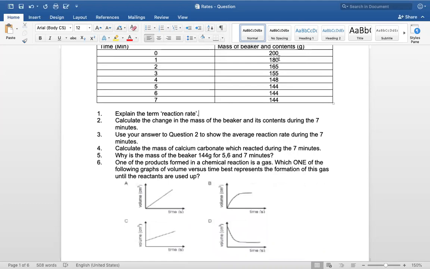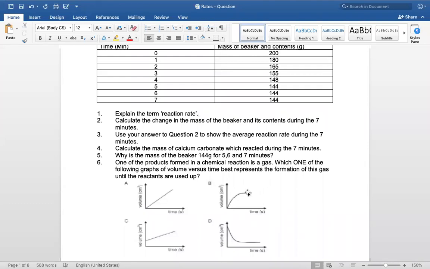In the first interval, 1 minute, 20 was released, then 15, then 10, then 7, and so on. So at the beginning there was no carbon dioxide, then a lot was released, and then the gradient of the curve gets less and less, and then there comes a flat line.